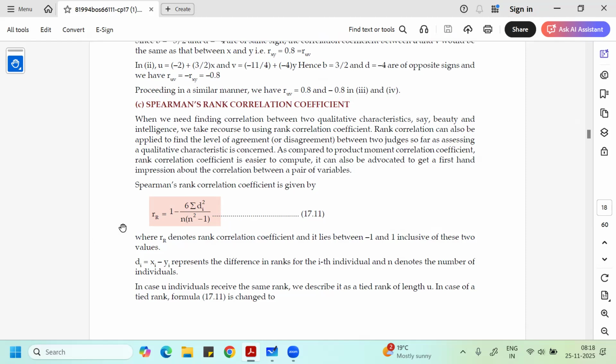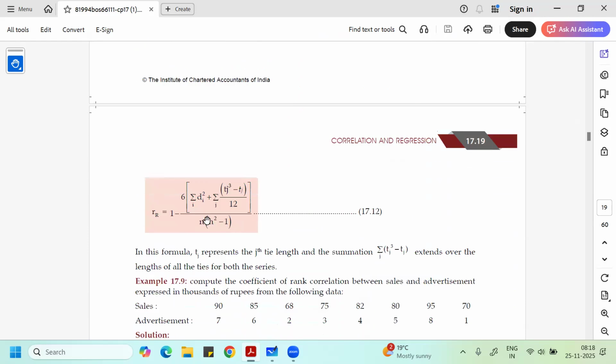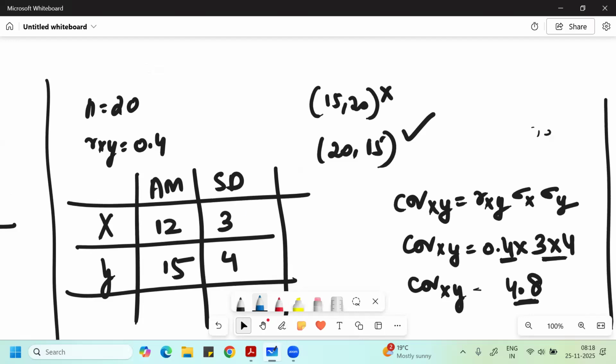Then we find the difference of rank and we square it, and whenever there's a tie of the rank, this is the formula you have to use. I have used this formula with the symbol m. The symbol t is given, doesn't matter.